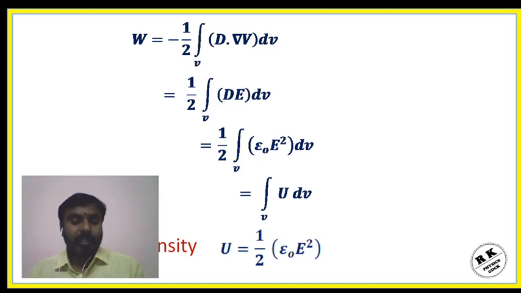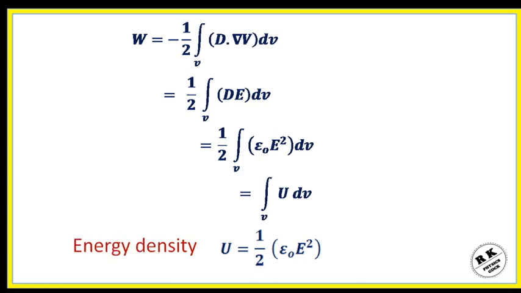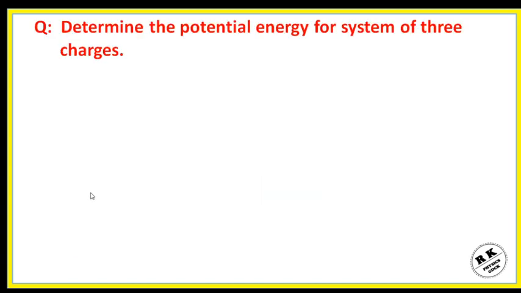Now let us see some of the questions. The energy density equation is u is equal to half epsilon naught E square. As I have told, the potential energy was derived for n number of charges.